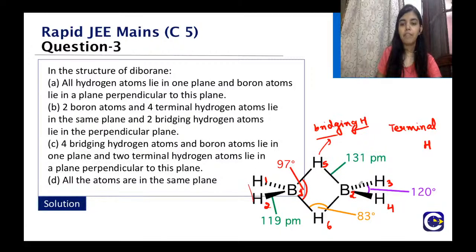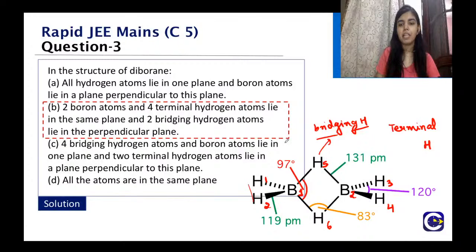So, B1 and B2 and H1, H2, H3, H4 are present in one plane and H5 and H6 are present one above the plane and one below the plane respectively, right? So, the answer for this particular question will be that 2 boron atoms and 4 terminal hydrogen atoms, that is B1, B2, H1, H2, H3, H4, are lying in the same plane, and H5 and H6, which are the bridging hydrogen atoms, lie in the perpendicular plane. Okay.